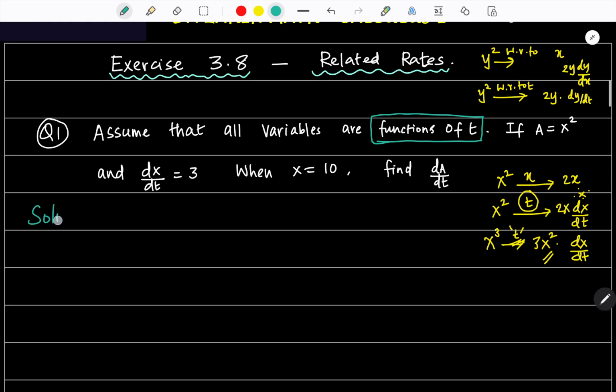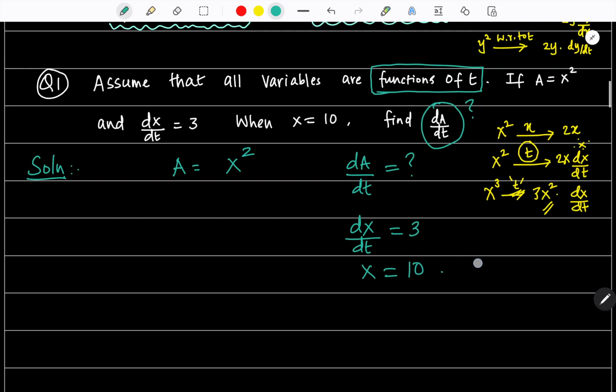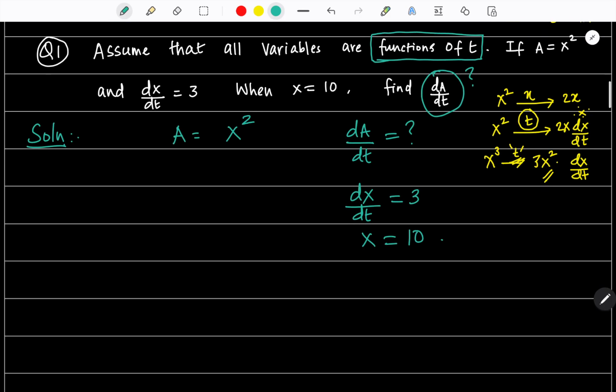And what is the question given? A equals x squared. Find dA divided by dt is the question. And what is given? dx by dt is equal to 3. This is the question, underline. And x is equal to 10.